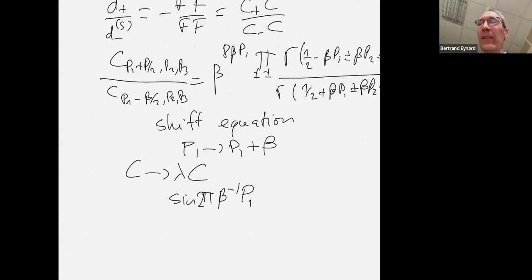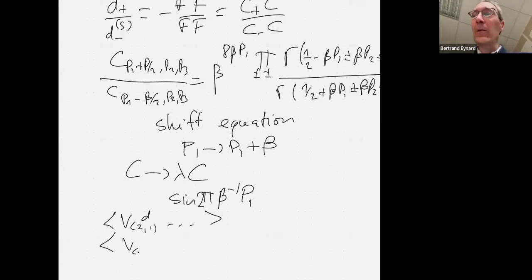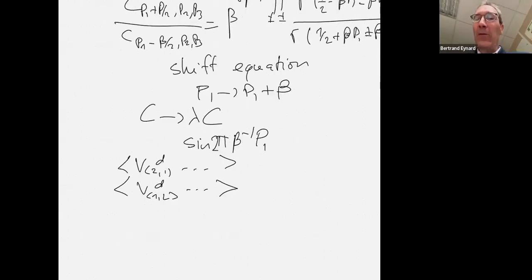But I have to remember that I'm in a CFT, and in the CFT, I didn't use all I could to constrain this function. In particular, we have been considering a 4-point function with V21, but we could also use V12. We could also insert V12 in our 4-point function, and then we get the same constraint, but where beta is replaced by beta inverse.